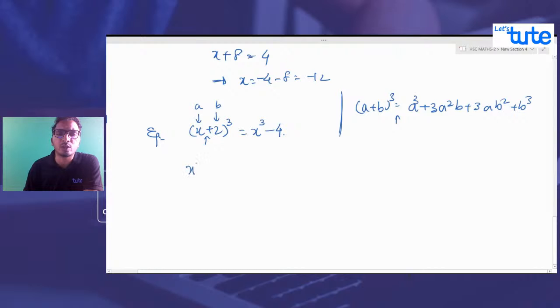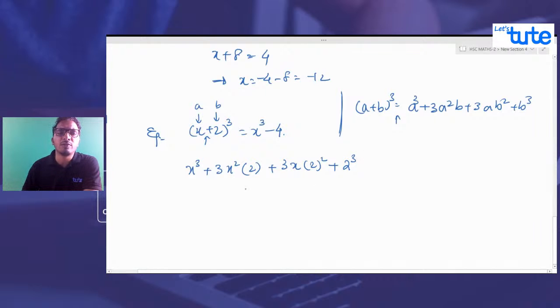So that would be x cubed plus 3x squared times b, which is 2, plus 3x times 2 squared, and plus b cubed, which is 2 cubed.